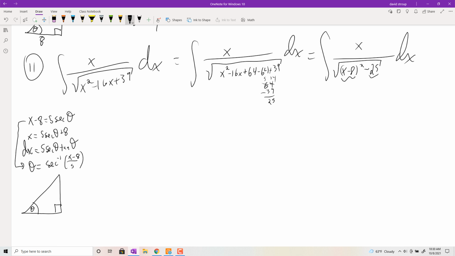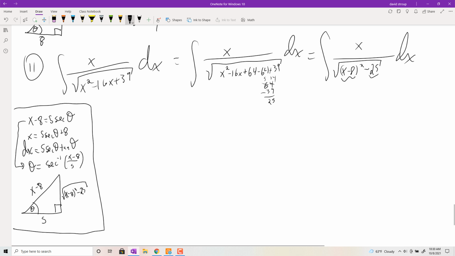Cosine is adjacent over hypotenuse, so this will be hypotenuse over adjacent. And then solving with the Pythagorean Theorem, the third side, I'll have the square root of x minus 8 squared minus 25 rather. Sorry for doing it in my head, I get it wrong. And then we should be able to rock and roll.